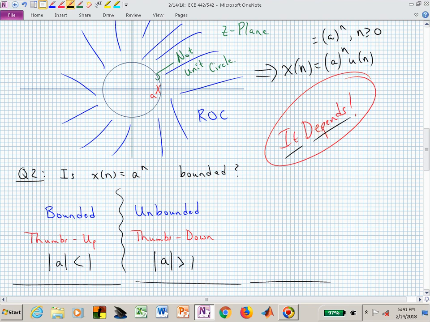So just pick some convenient values of A. A equal to 2: 2, 4, 8, 16. You can see that's growing exponentially. Or for the thumbs down, A equal to a half, 1/4, 1/8. That's shrinking, or decaying, exponentially.